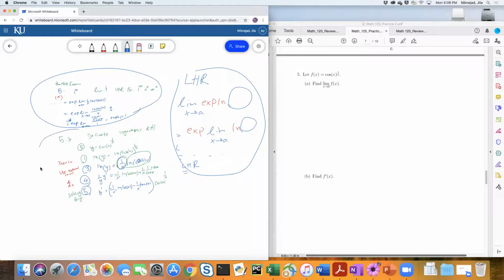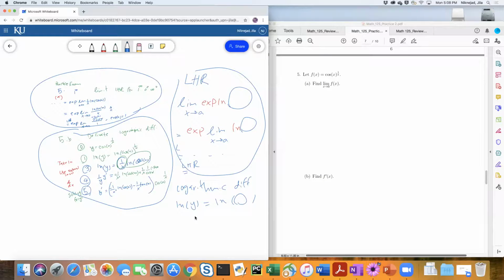And then what happens with the implicit differentiation? I'm sorry, not implicit differentiation, logarithmic differentiation. You take the natural log, so you get the natural log of something.